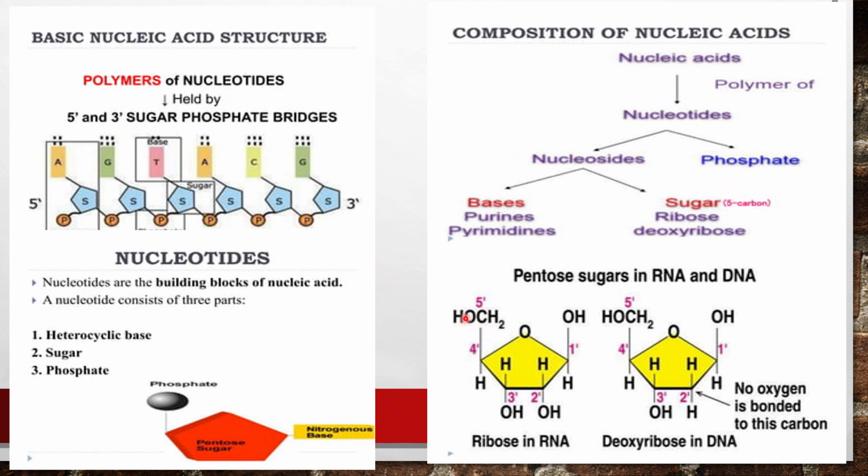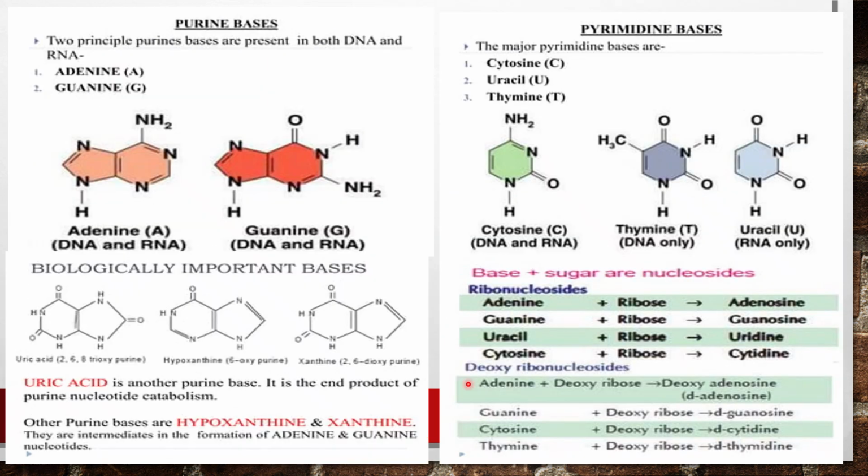This is the free end. At the 1' end there is a hydroxyl group through which there will be attachment of bases. The backbone polymerization between the sugar and phosphate happens through the 5' and 3' hydroxyl groups. We will see this in further slides.